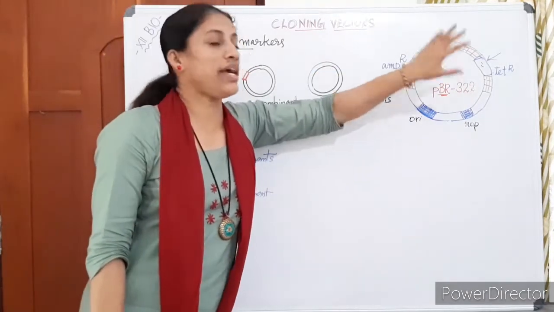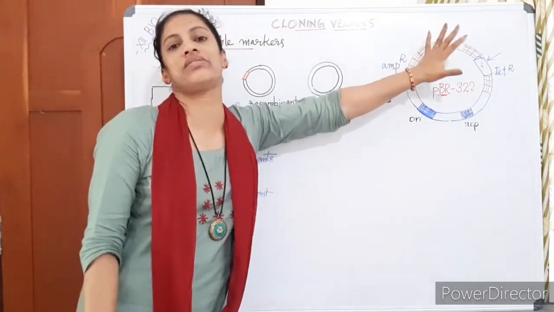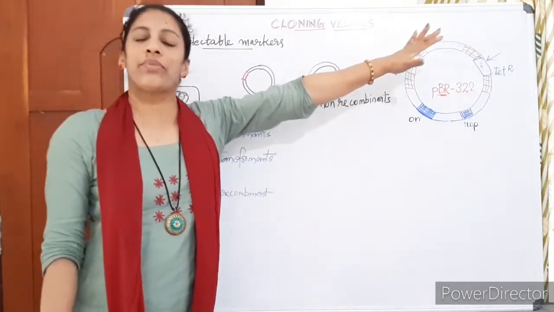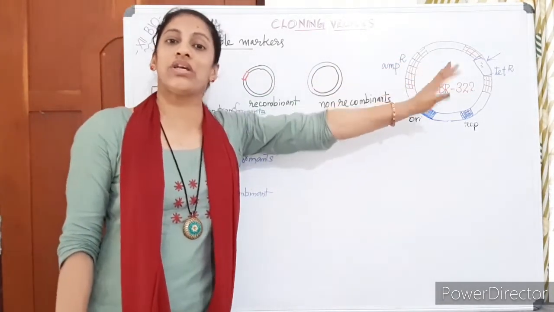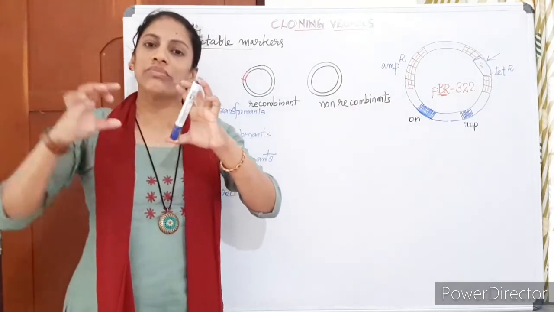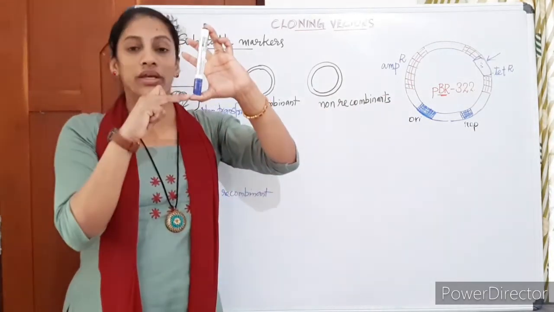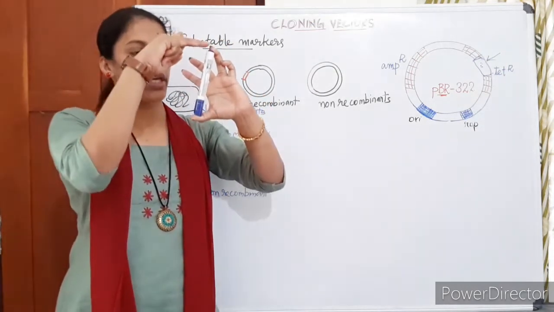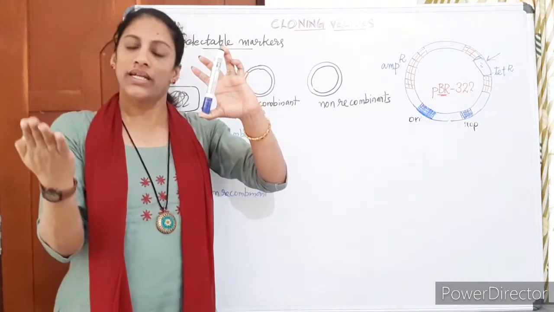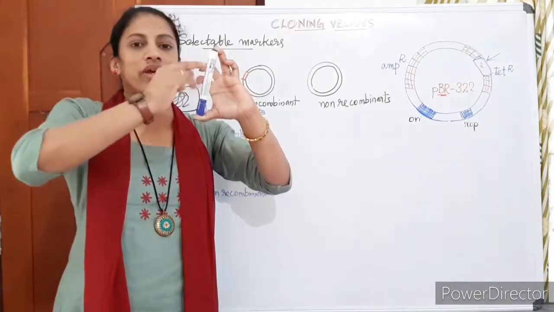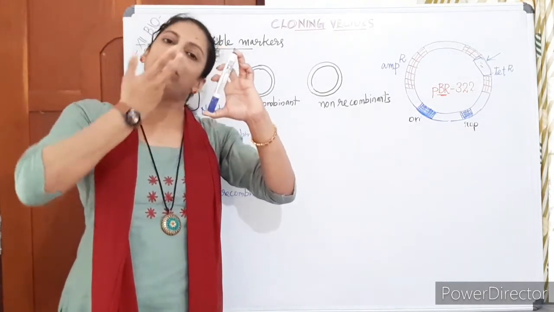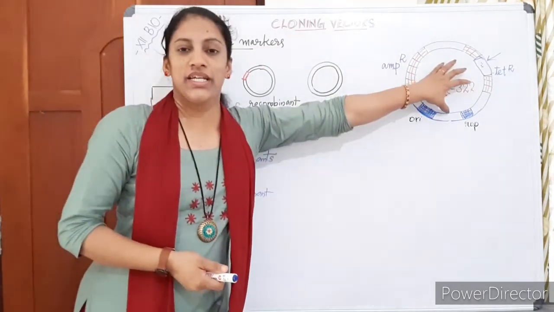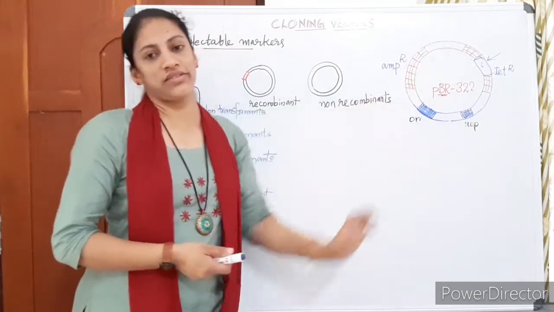So this plasmid has lost tetracycline resistance. It has only ampicillin resistance. The tetracycline resistance property is lost because we have inserted something in that sequence. From here to here, the sequence is required for tetracycline resistance. The DNA from here to here is giving the property of tetracycline resistance. But in between we have cut and joined the other piece, meaning it loses that property. So this plasmid will not show tetracycline resistance.